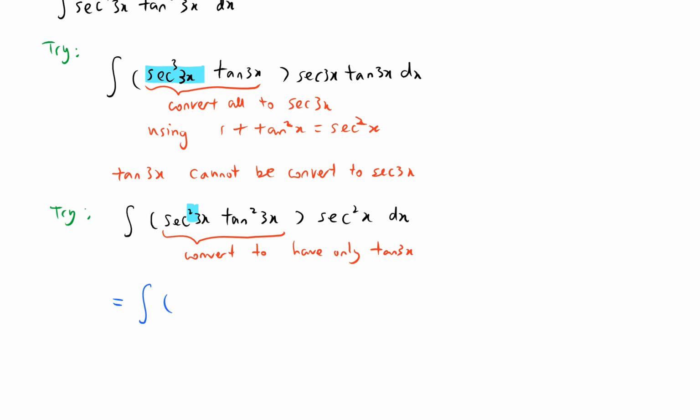Now using the identity, it's 1 plus tangent square 3x, correct, times tangent square 3x, then the whole thing times secant square 3x dx. Okay, sorry, this is 3x. Understand? Now you observe that inside this bracket all are tangents.